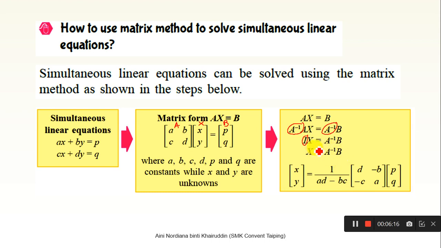To calculate the value of X, what is X? X just now is the unknown. Here, this is X. So calculating X is actually the inverse of A multiplied with B. So the inverse of this multiplied with p, q. So this is the solution.